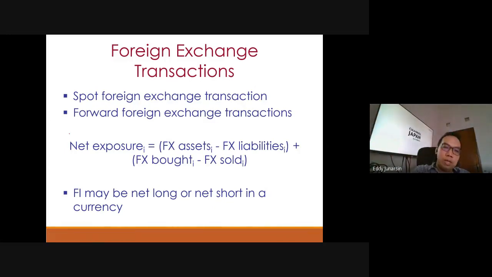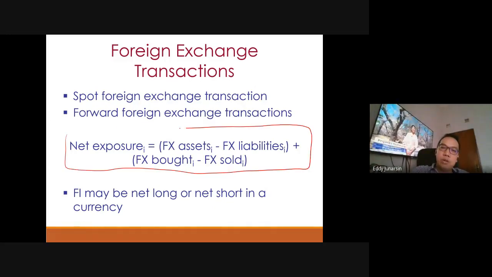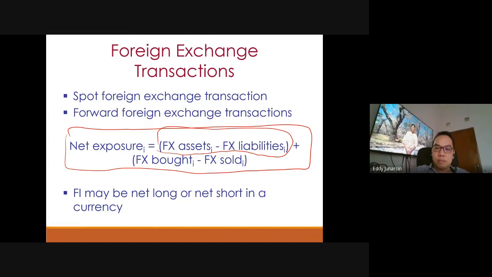Okay, so you see here net exposure. Your net exposure is actually the difference between your assets and liabilities in foreign currencies, and also the difference between your long and short position.